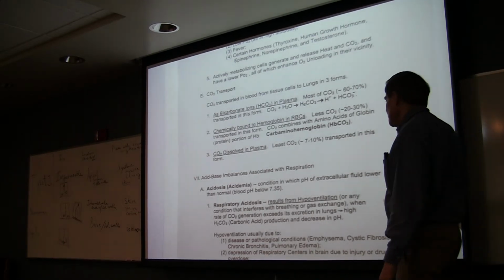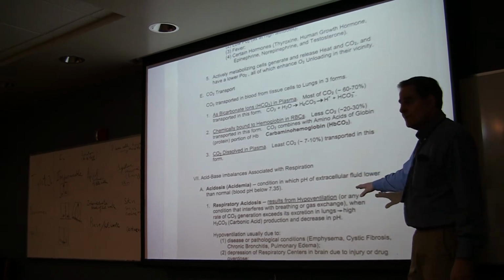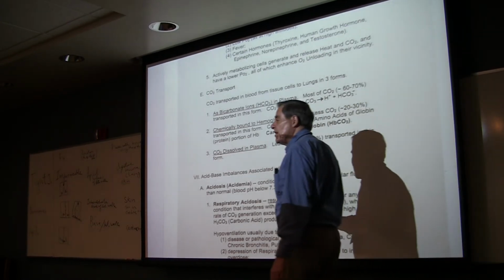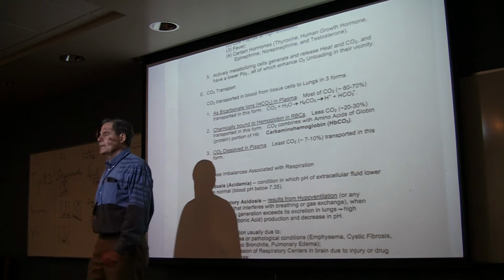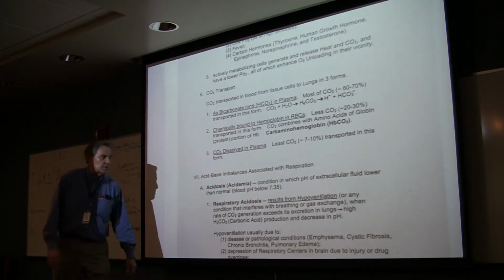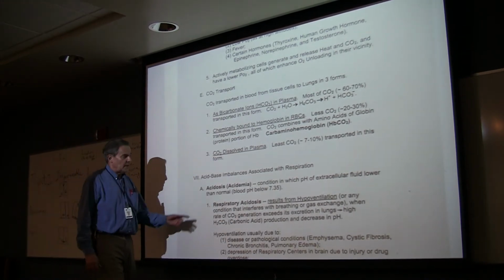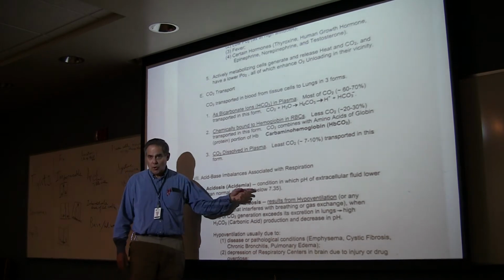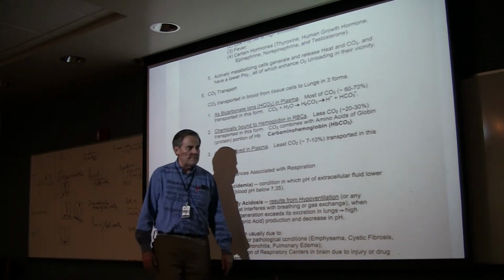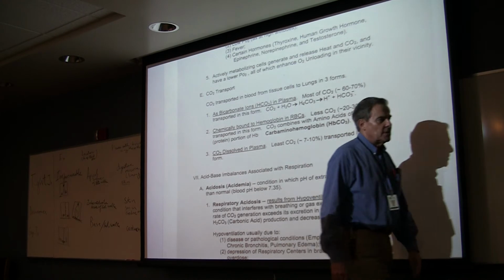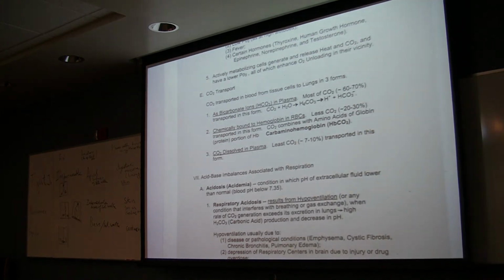This is a condition in which the pH of the extracellular fluid is lower than normal. It's too acidic. And notice that in the blood, this would be below pH 7.35. In fact, the blood pH is between 7.35 and 7.45. That's the normal range.